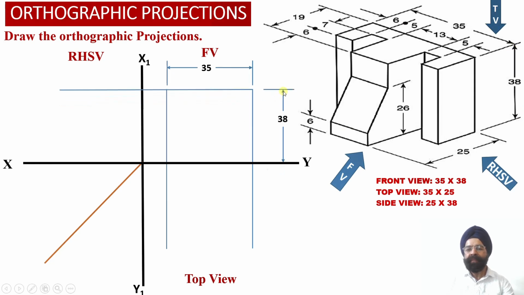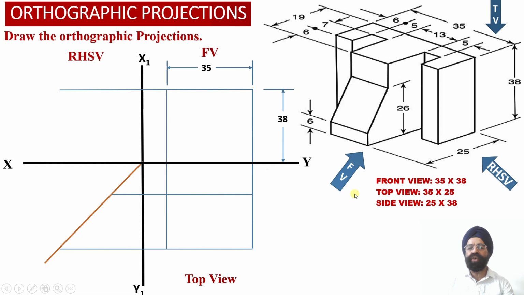So we have marked this height of the solid equal to 38 millimeter into the front view projection by drawing a horizontal projector line at a distance of 38 millimeter from the XY reference line, and this horizontal projector line we have extended into the right hand side view projection over here, because in the right hand side view projection also we are going to require the height of the solid equal to 38 millimeter over here.